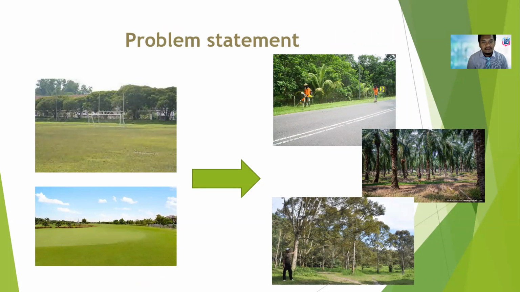About the problem statement: there are many types of lawnmower in the market. They have various look designs and also various cutting tool designs. Most of the lawnmowers in the market are used for areas such as school fields, football fields, golf fields, and around the home area.